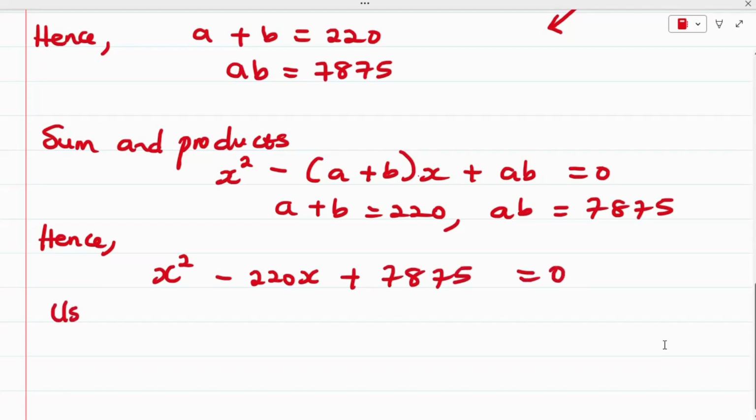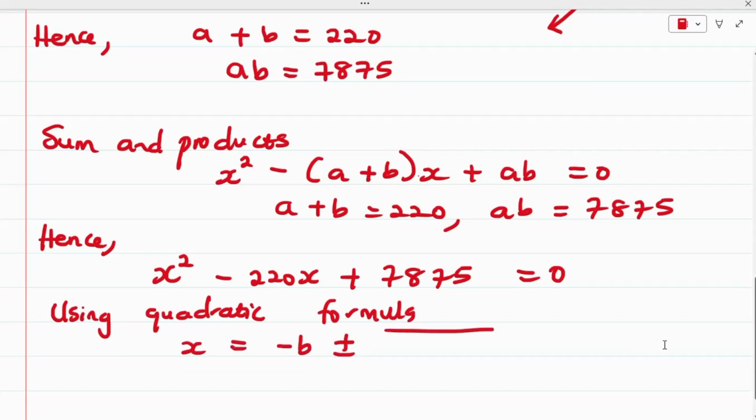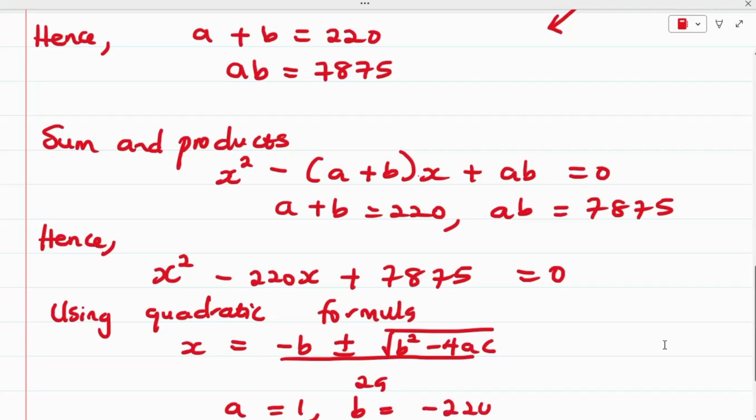So we are going to solve using the quadratic formula. Applying the quadratic formula right here, that says x is equal to minus b plus or minus the square root of b squared minus 4ac all over 2a, and we have that a is equal to 1, b is equal to minus 220, and c is equal to 7,875.